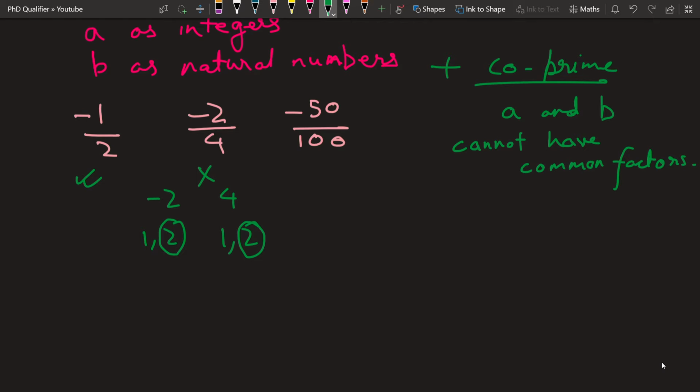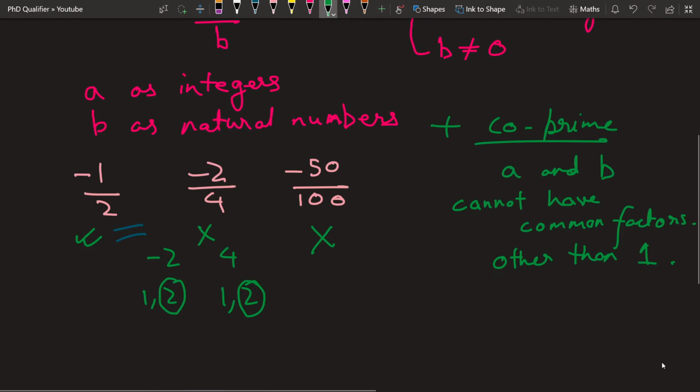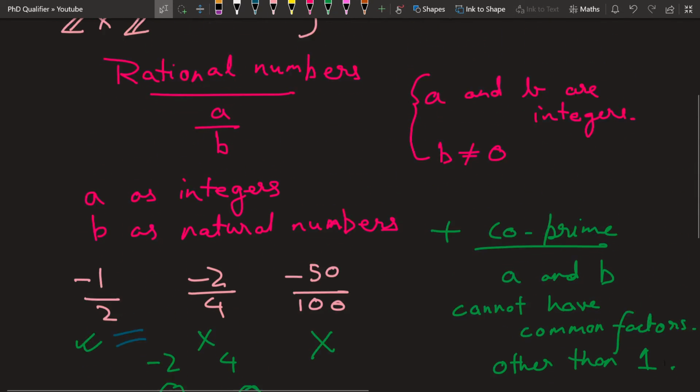Similarly, -50 and 100 have a lot of common factors, and they also cannot be included. So that's the modification you can make if you want to include a rational number only once. So I should mention here, cannot have common factors other than 1. 1 will be a common factor for everyone. So yes, this is the set of rational numbers.